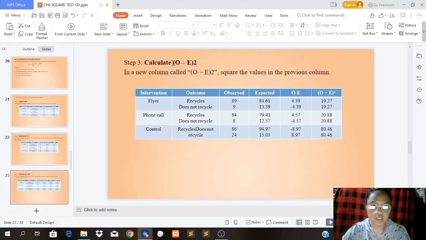Then step 3. Calculate O minus E squared. In a new column called O minus E squared, square the values in the previous column.